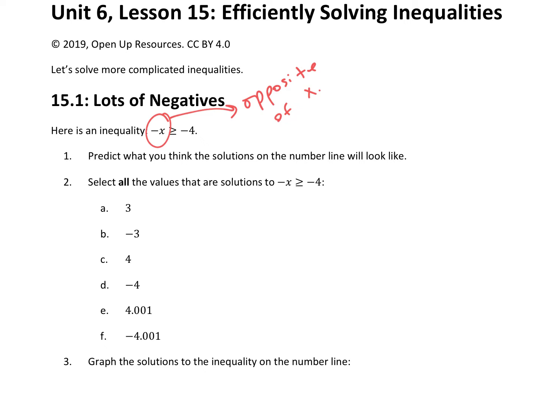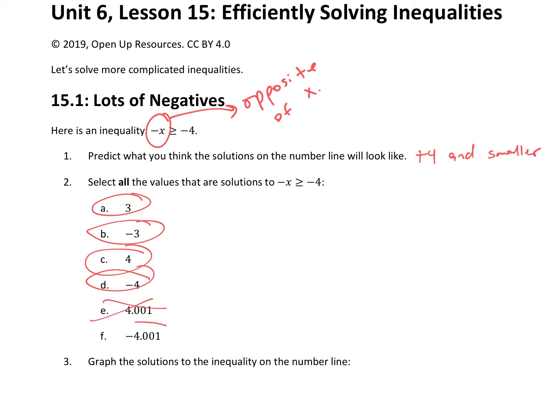Positive 4 and smaller. So the values that fit: 3 would work, negative 3 would work, 4 would work, negative 4 would work, 4.001 will not work, but negative 4.001 will work.